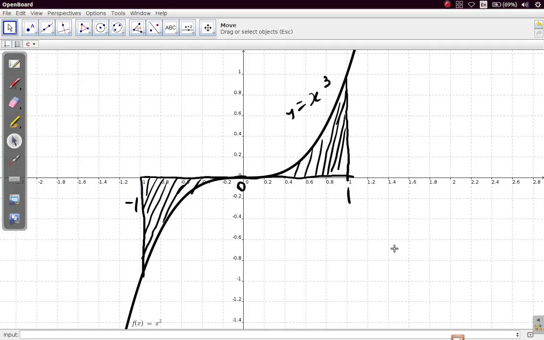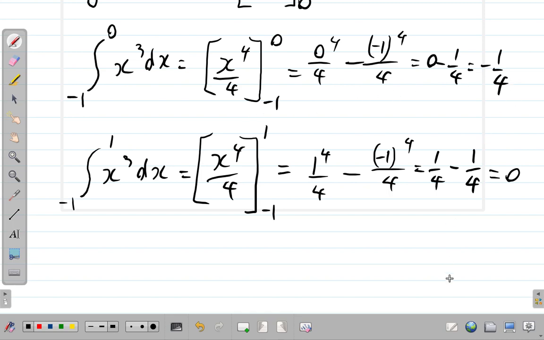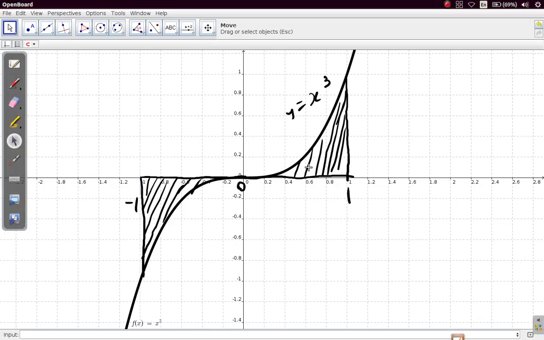Alright. Now, of course, the area is not 0. What you found was, for one of them, it was a quarter. So we have an area of a quarter square unit, and this was a quarter square unit.